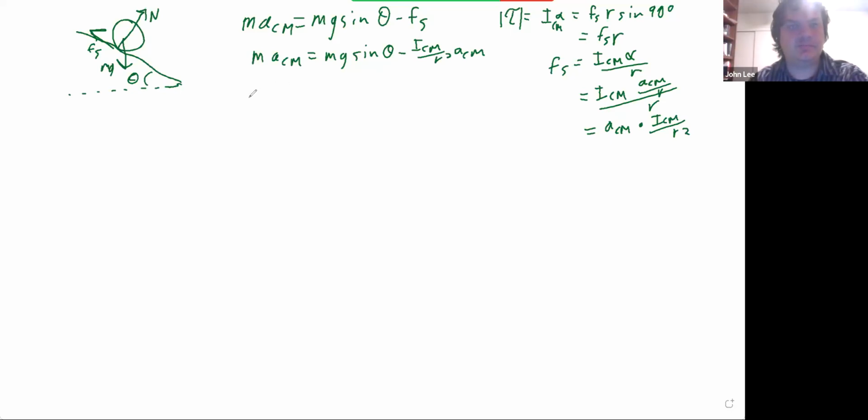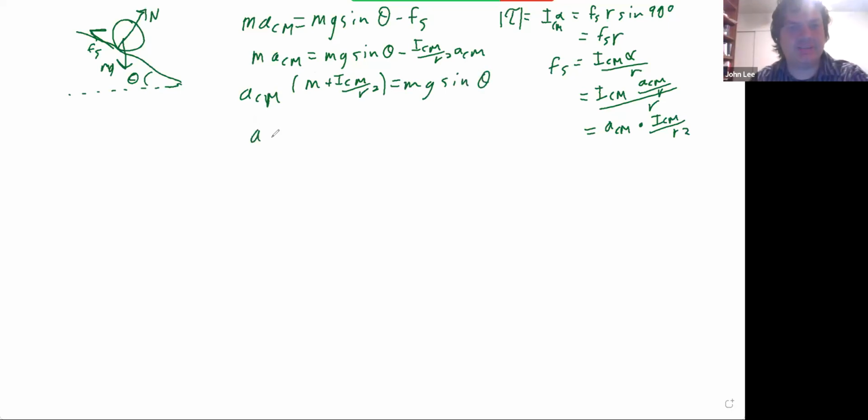So A center of mass, the acceleration through the center of mass, times m plus I center of mass over R squared is equal to mg sine theta.